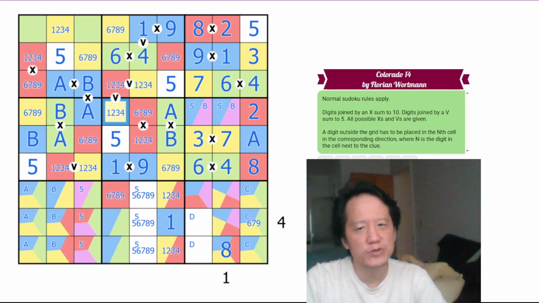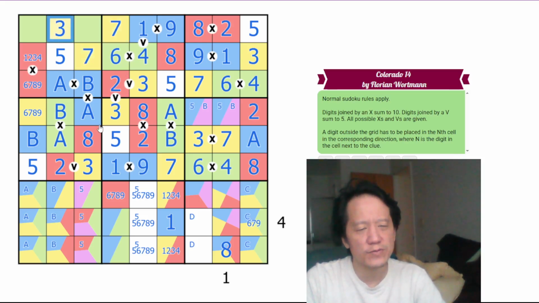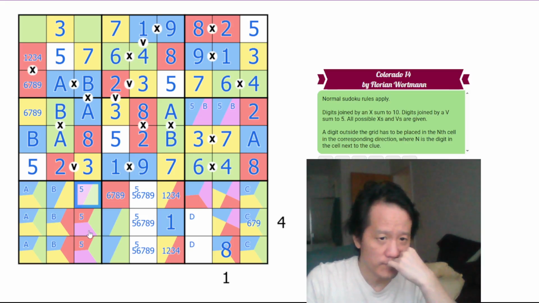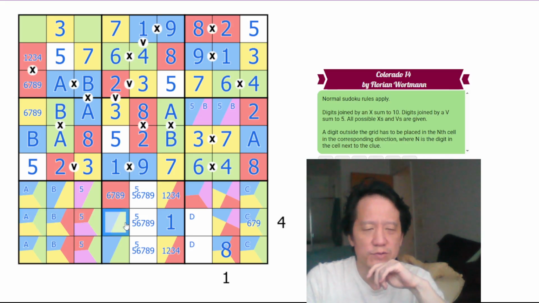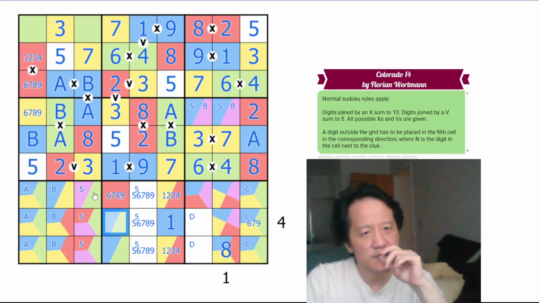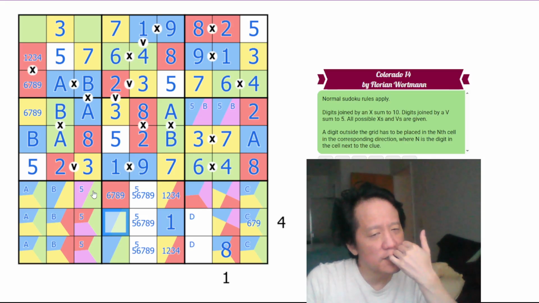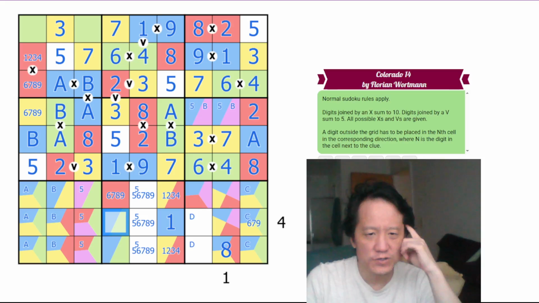So this would be 3, 2, 8, 2, 3, 7, 8, 3, 7, 7, 3. Green could be either of these. Green could be here. Seems fine. That seems all kosher.